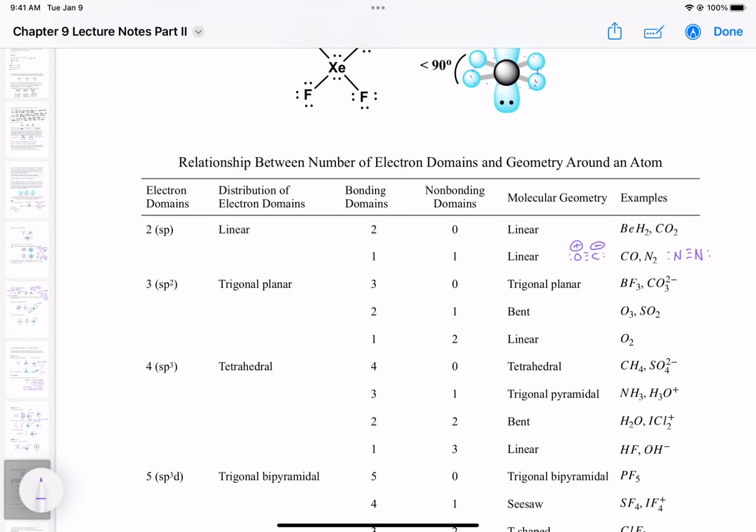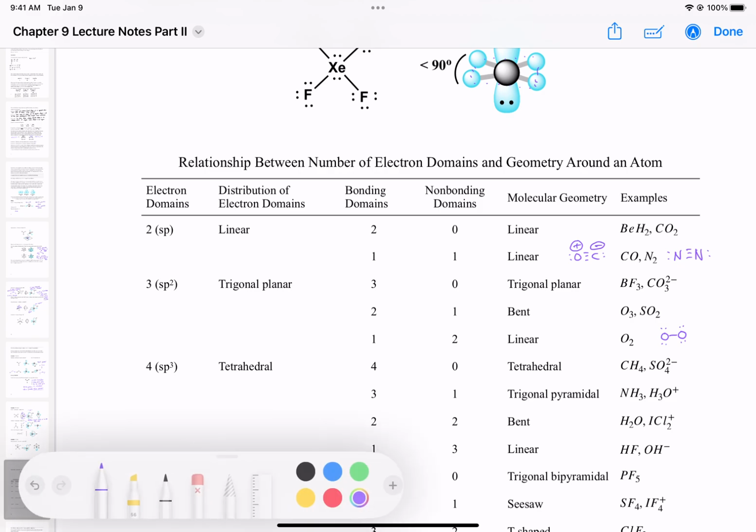Trigonal planar, you have trigonal planar, and then for SO2 we saw it was bent, and then for things like O2, like in this case oxygen, you could have oxygen like this. Okay, 2, 4, 6, 8, 10, and I think it should be 12 actually. Oh no. Yeah, wait.